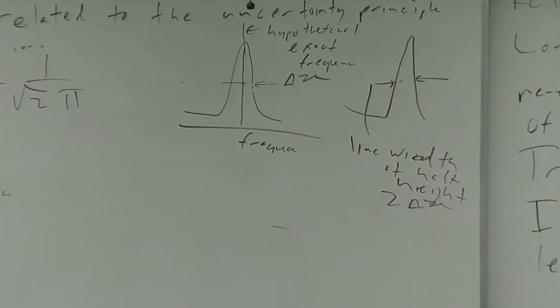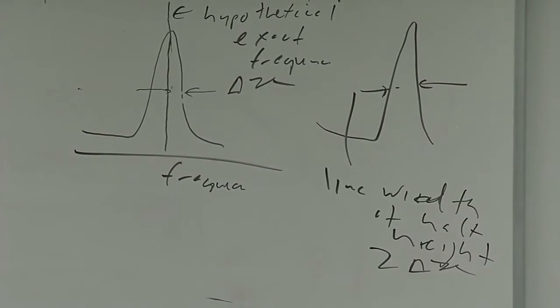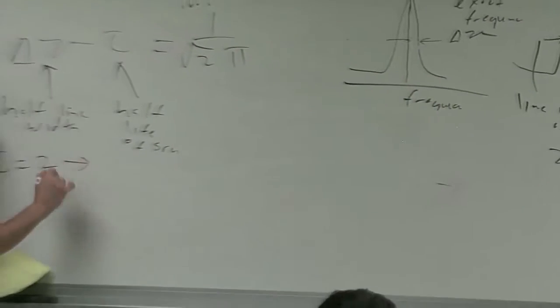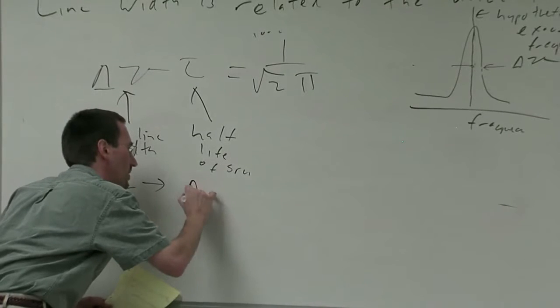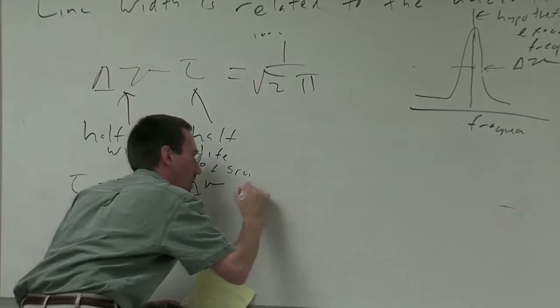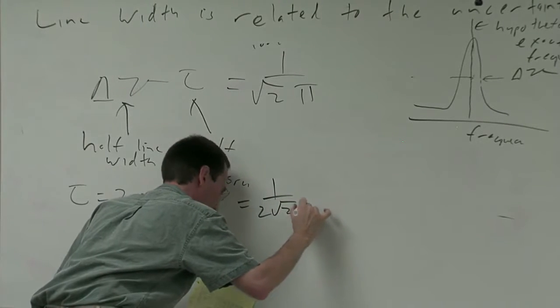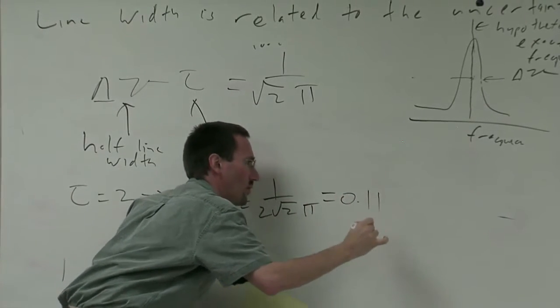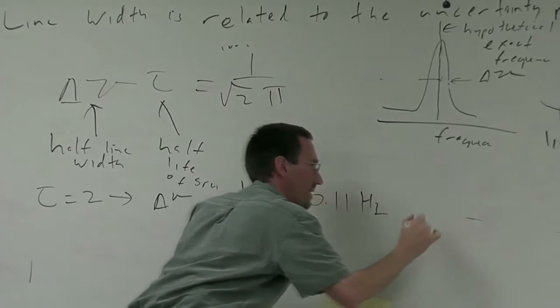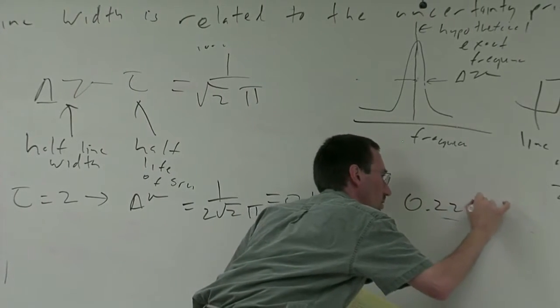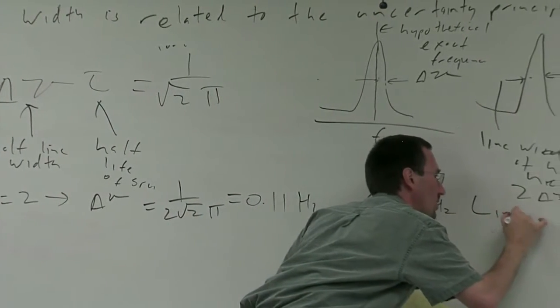All right, so what does that mean? If we have a tau equals 2 seconds, that leads to delta nu is equal to 1 over root 2 pi is equal to 0.11 hertz. That's 0.22 hertz line width.